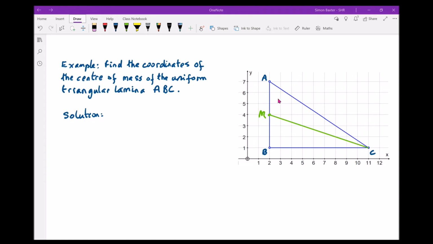So if we're going 1/3 of the way along there, we go 1/3 of the way along here.